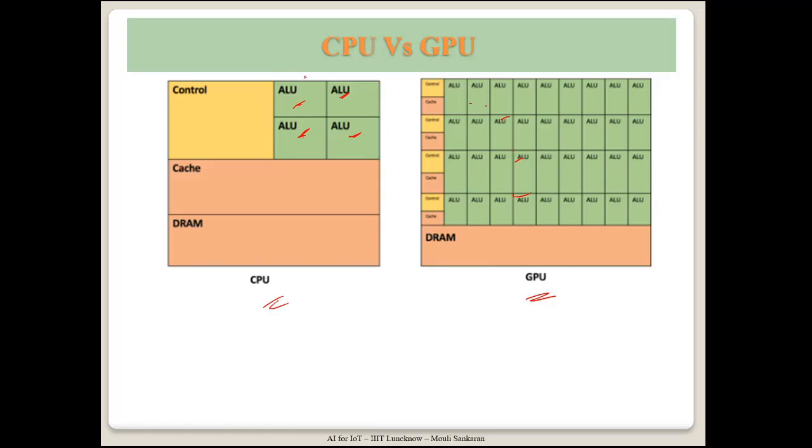So normally what happens is the ALUs used by CPUs are more powerful, with more features, and they can do many operations. Why? CPUs are meant for general purpose. It's called general purpose processors, right? They are not meant for a particular operation. They are supposed to do integer arithmetic, multiply and add, maybe floating point arithmetic, and memory operations.